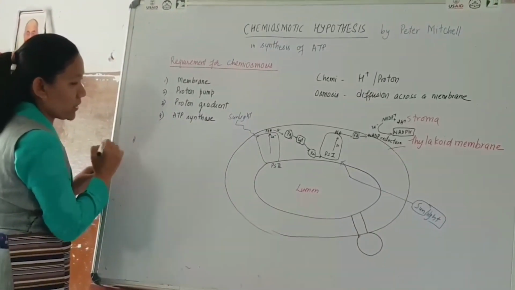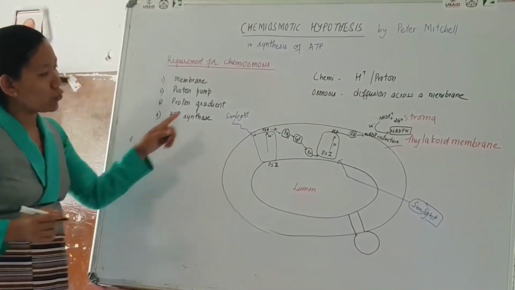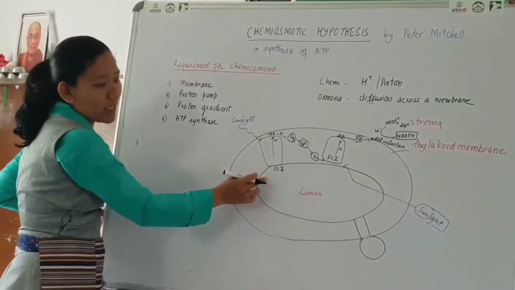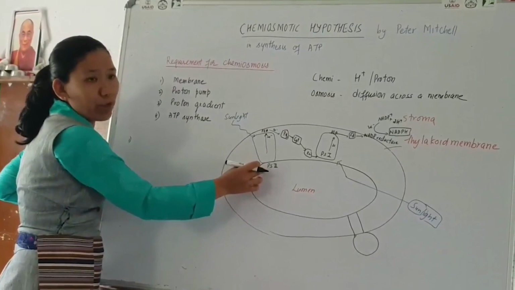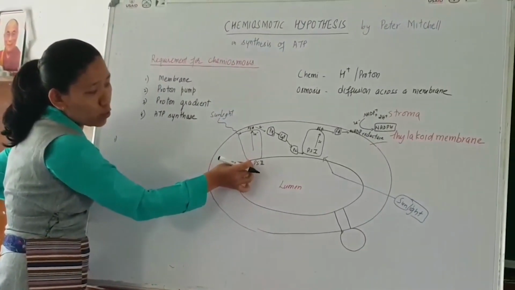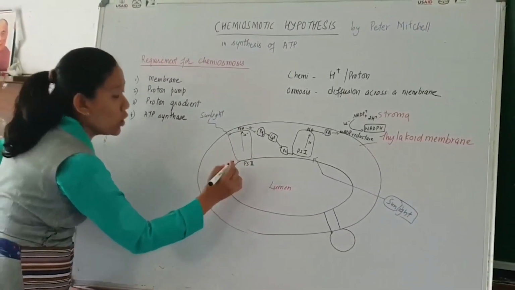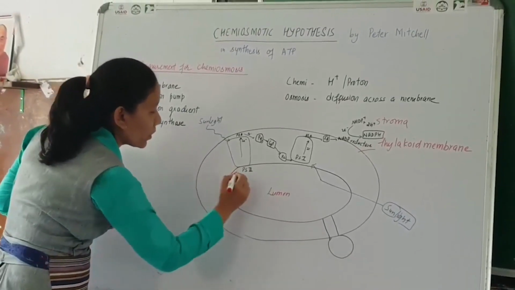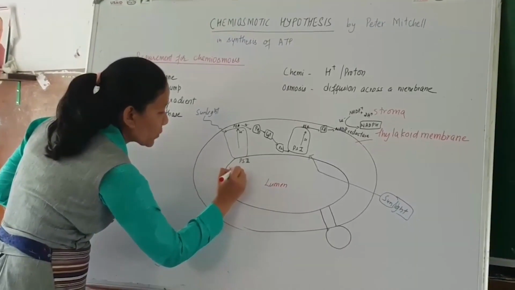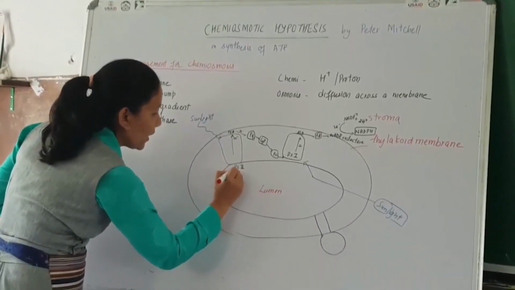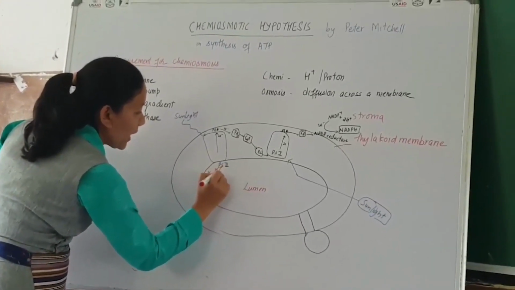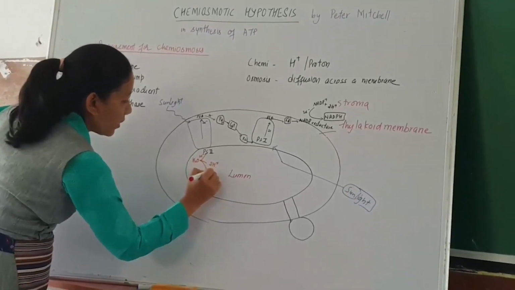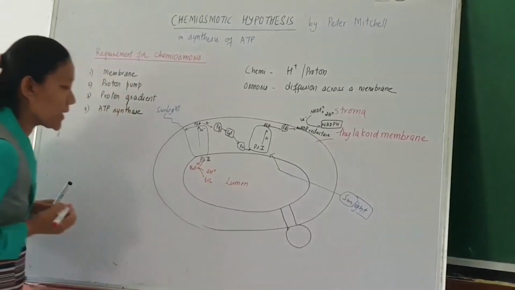Now, the first one is, we know that during non-cyclic photophosphorylation, water splitting occurs at the photosystem 2, and that too towards the inner side, that is towards the lumen. So when the water splits, you know that electron is transferred here, and what we get is 2 molecules of proton and half of the oxygen, or you can say atomic oxygen.